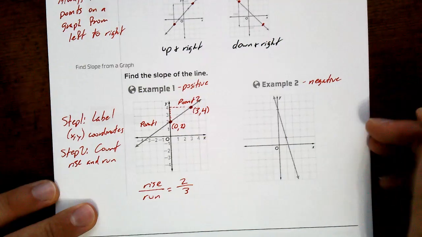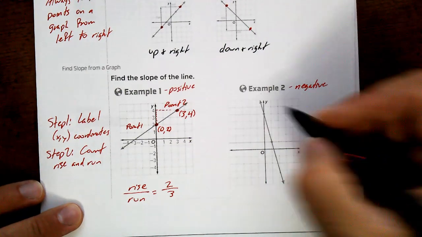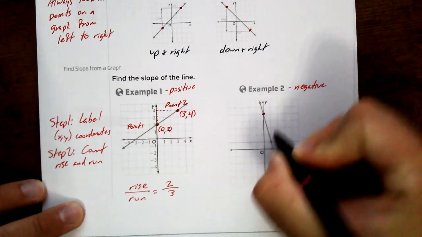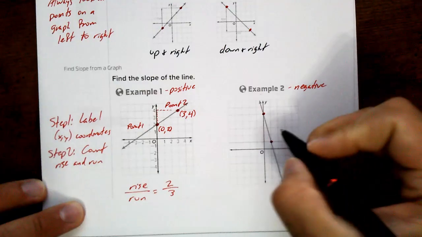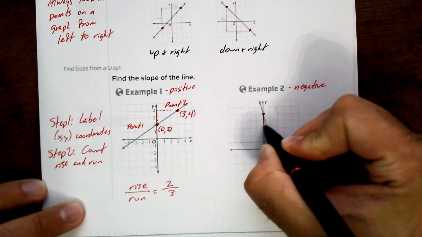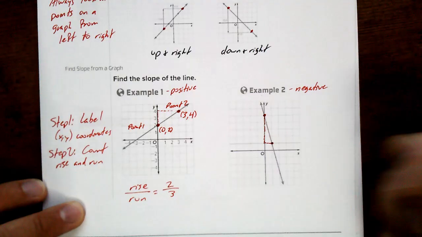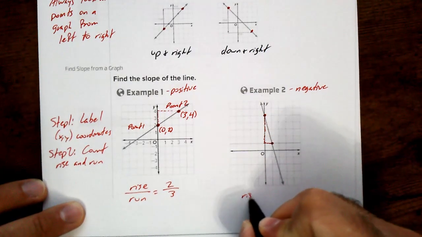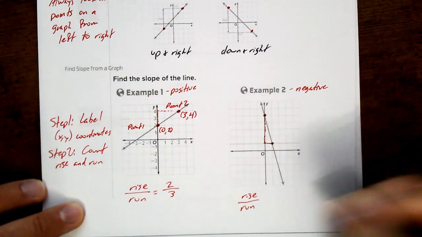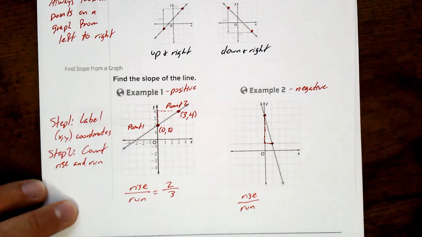Okay. How about example 2? And they gave us these 2 points. We're going to count the rise over run after we label the points.